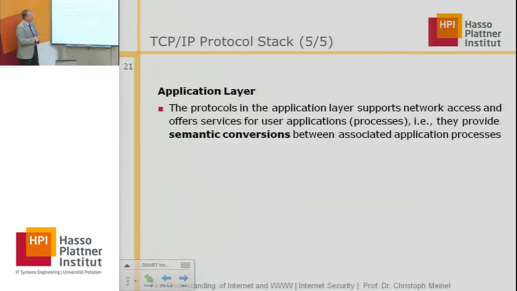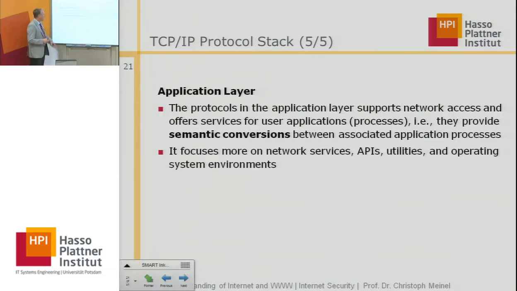The application layer is the home of the protocols that support the network access of services and applications on the host computers. Such services and applications want to use the internet to communicate with an application or a service on another computer. So here, these protocols provide what is called a semantic conversion between associated application processes.